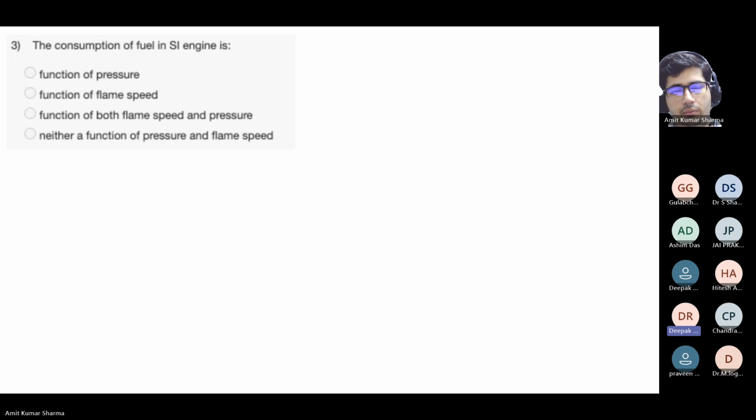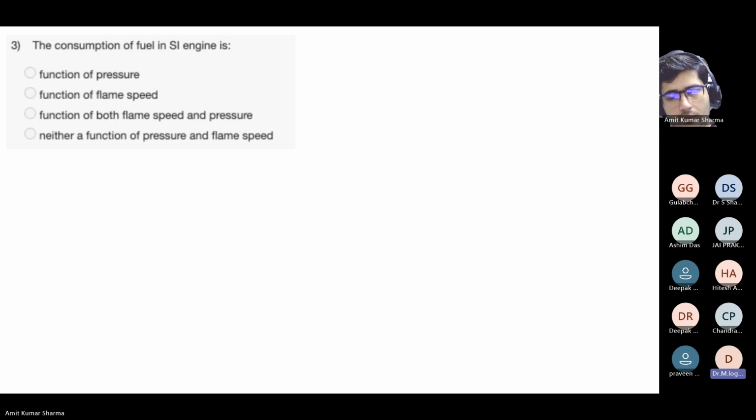Burning of fuel within the piston, maybe burning of fuel per cycle. So you can consider the burning of fuel per cycle, or as we increase the power output, the consumption will increase or lower.